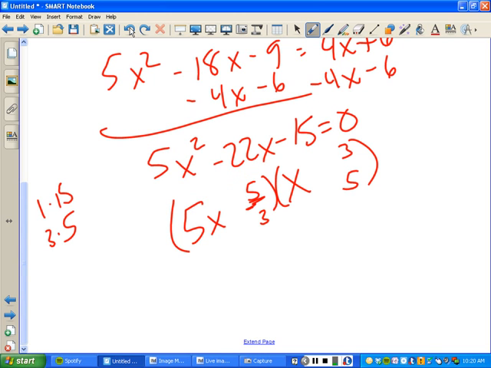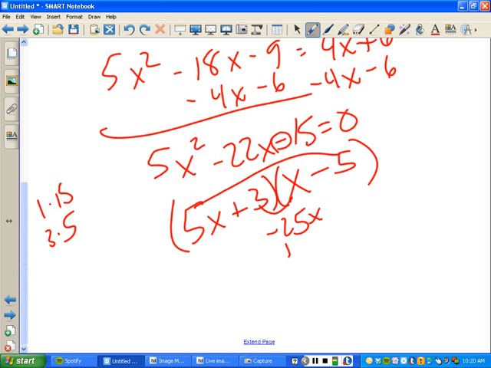Okay. Last sign's minus tells me that these two signs have to be different. So put the 5 here and the 3 here. Let's always check to see if that works. This is minus 25x plus 3x is negative 22x. That gives what we're looking for.